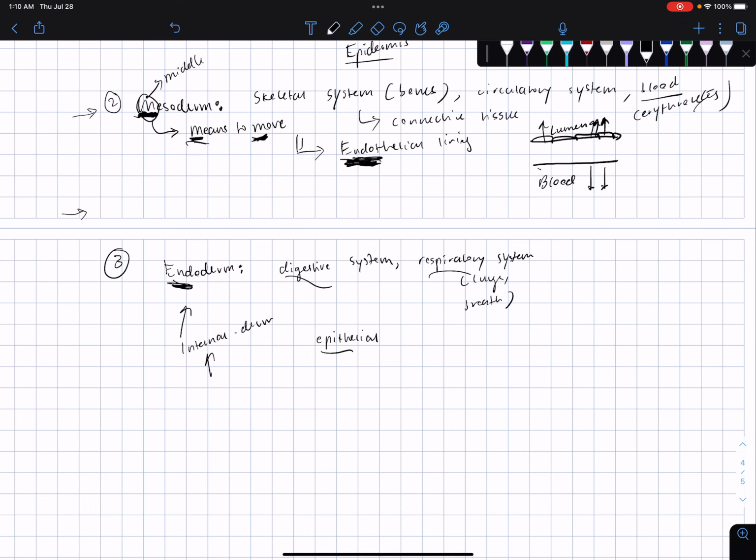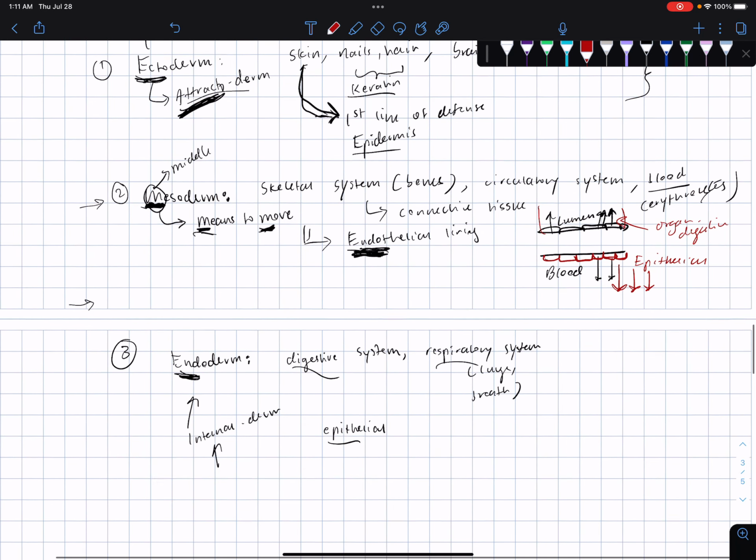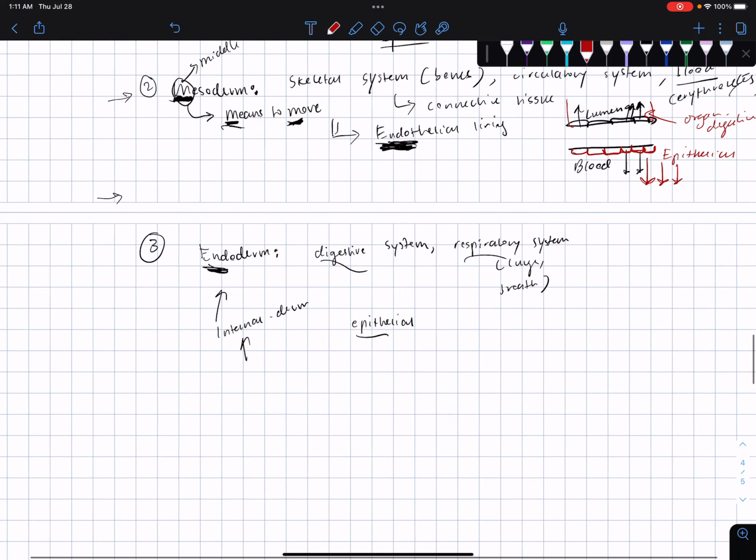So say this is the lumen of a random organ in our digestive system. That means we are going to have the epithelial lining over here, epithelial lining over here facing towards the blood. And that's basically going to be protecting our internal organs and giving lining to our internal organs. So that's where we get endoderm from.